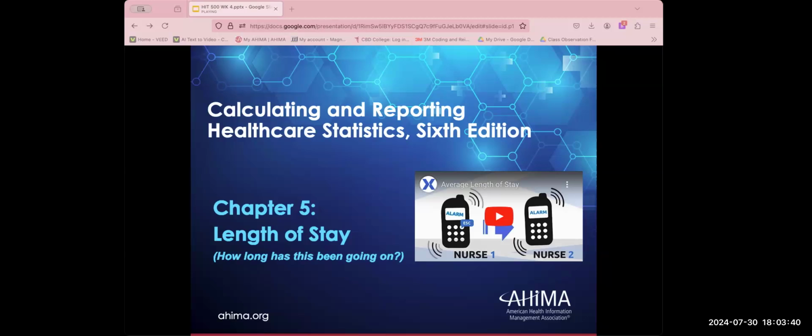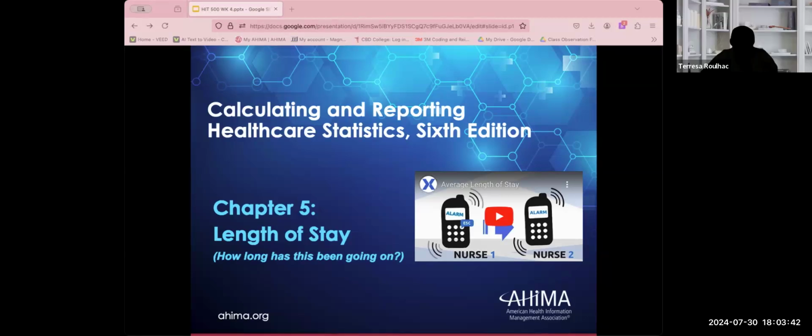So that is a little program that some facilities utilize just to help with length of stay and trying to figure out a lot of what's going on with their particular facilities.